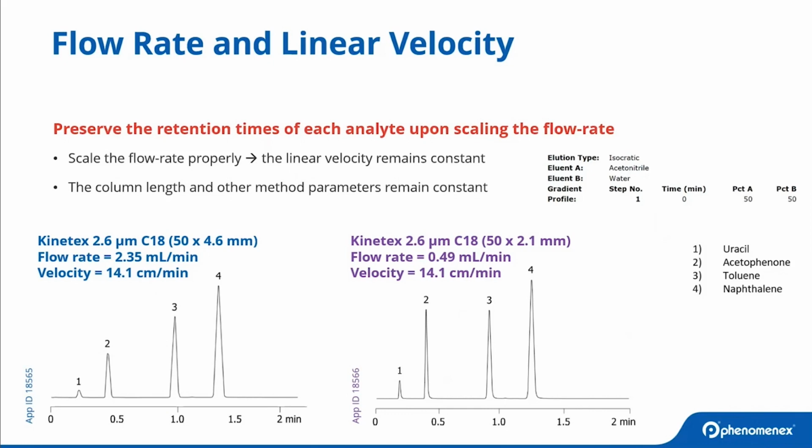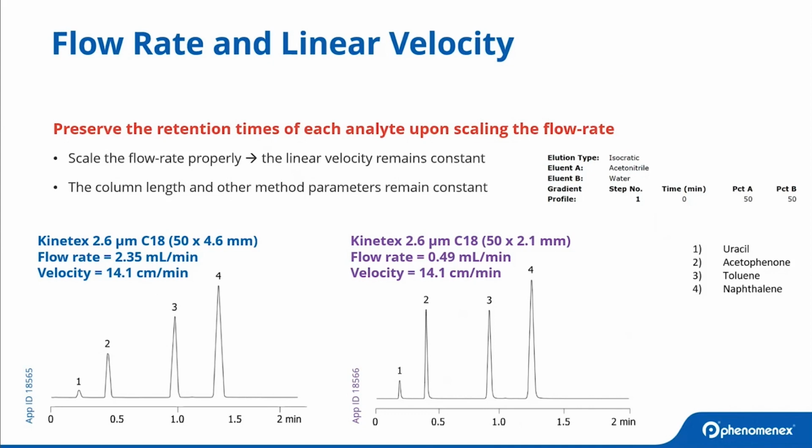And once again, same particle size and morphology, the same sample, same mobile phases. Difference being a higher flow rate, 2.35 milliliters a minute when using a 4.6 millimeter ID, compared with a 0.49 milliliters a minute with the 2.1.